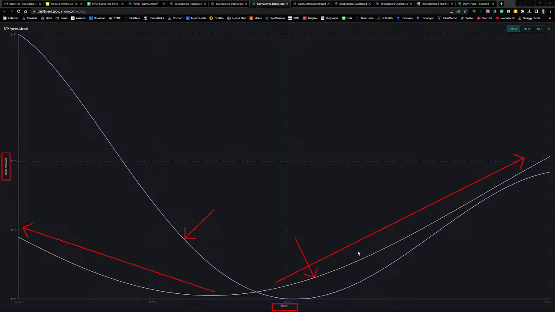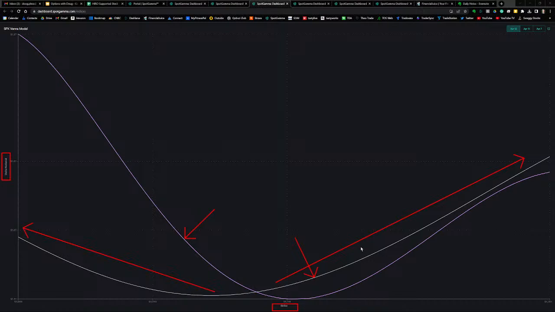And that is, again, pretty typical of a positive gamma environment. So this means that there's no put Vanna tailwind for the market in a positive gamma environment.